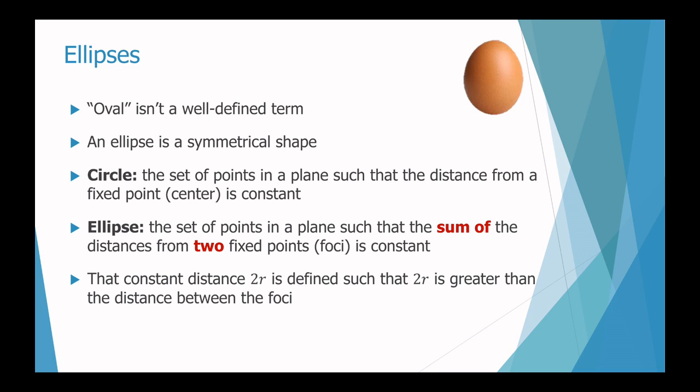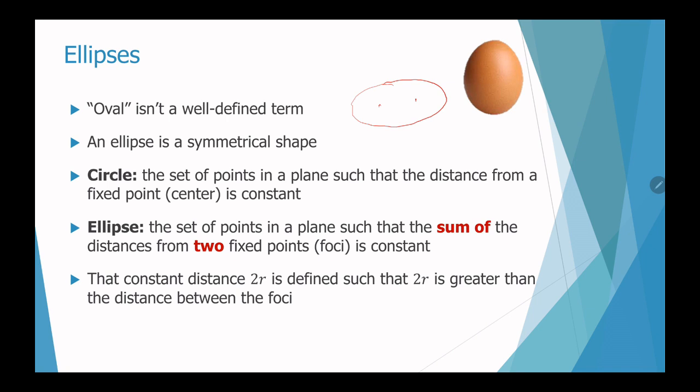That constant distance 2r is defined such that 2r is greater than the distance between the foci. They're going to be something like this, and we'll have a focus here and a focus here.